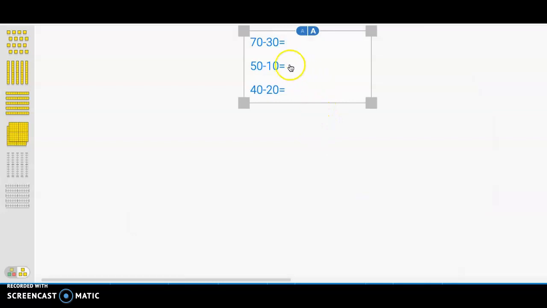Now, boys and girls, those are exactly what I did on the board before. You may write them on here and take a picture and upload that. You may write those on a piece of paper, solve them, and take a picture of it and upload that to Google Classroom. And also, if it's helpful, if you want to draw your own 10 rods, you might not have these cubes at home.